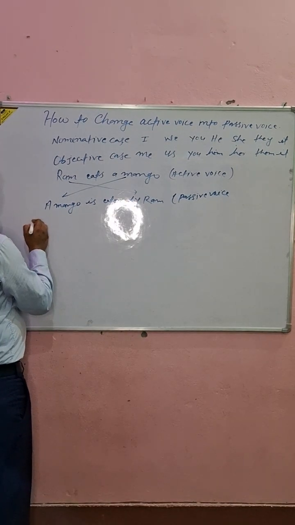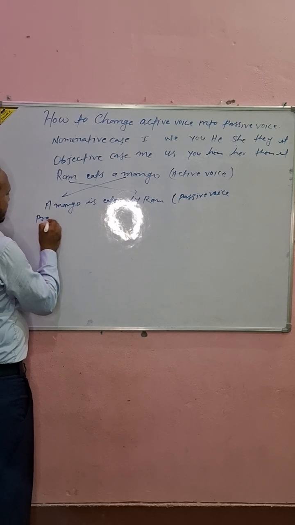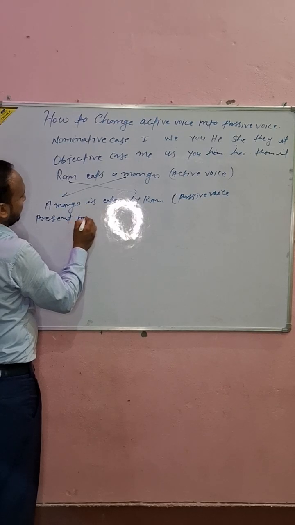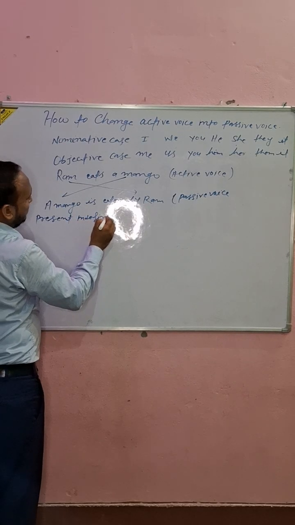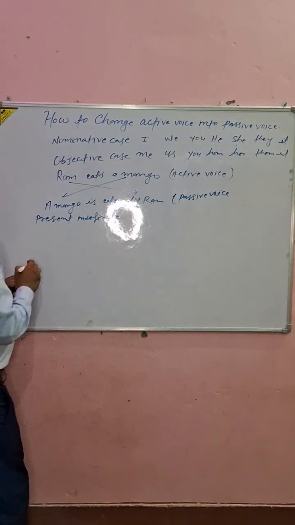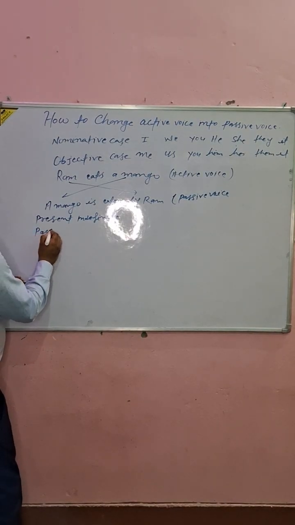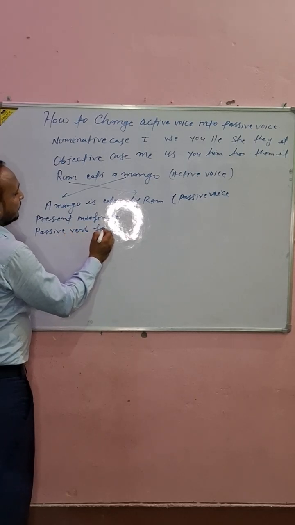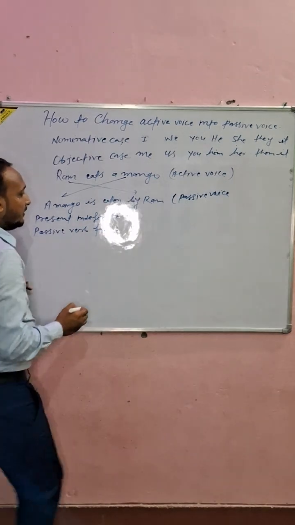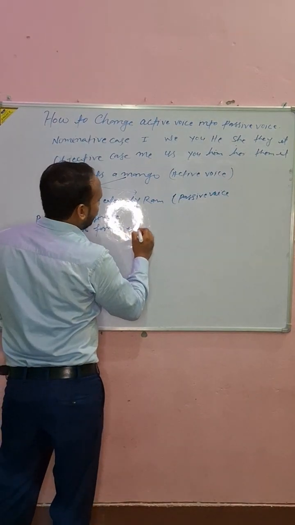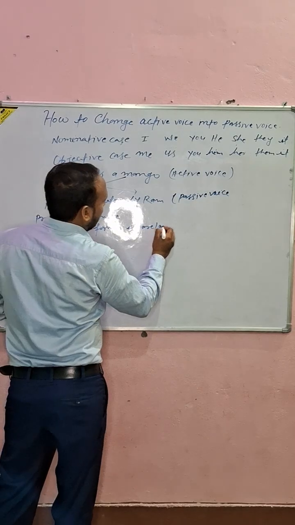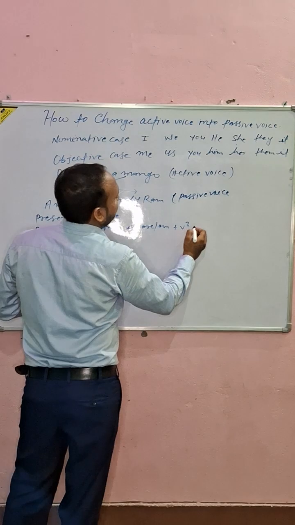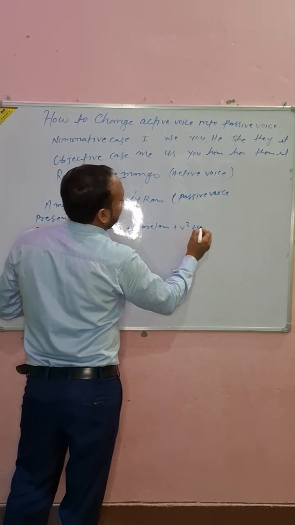The passive verb form will be like this: is, are, am, plus verb 3.